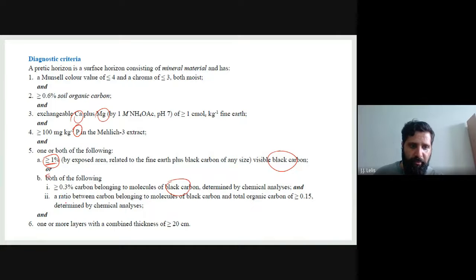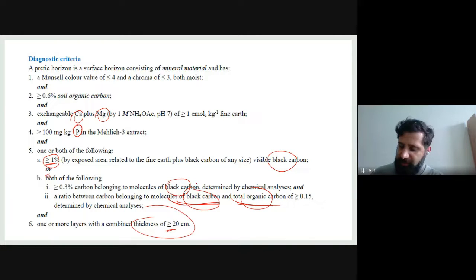And we could calculate the ratio between this inorganic carbon and this organic carbon here. So the presence of these materials should be higher, okay? And of course, a thickness of usually at least 20 centimeters.